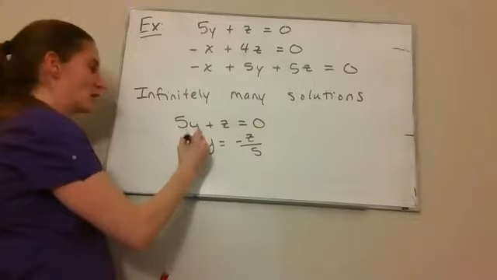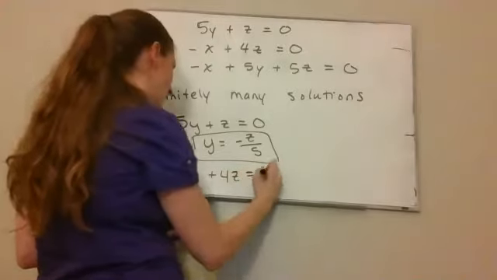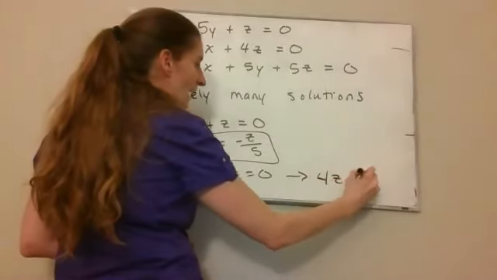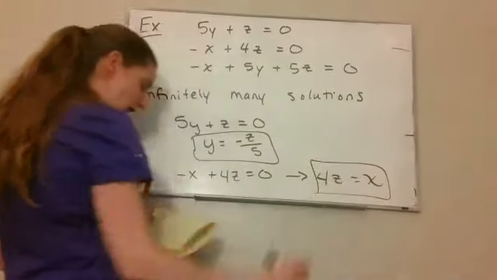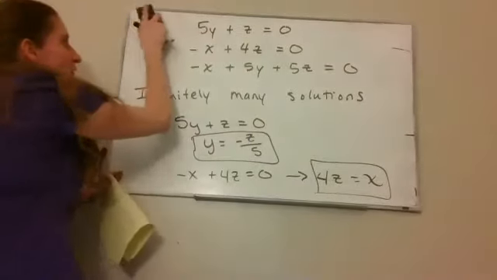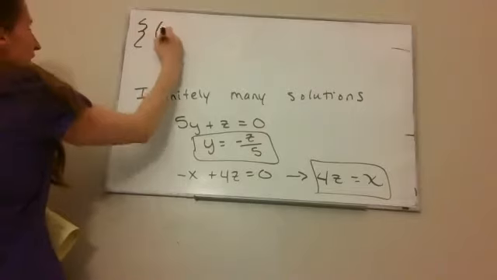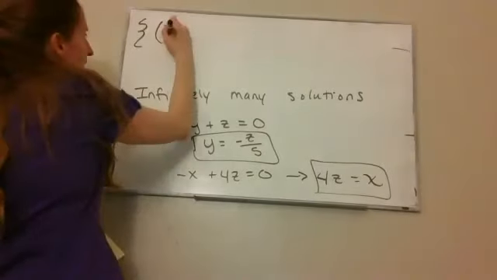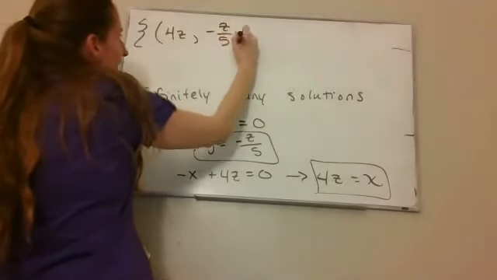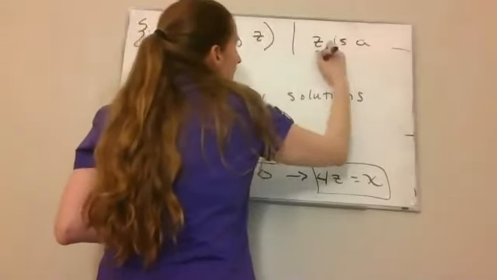And if I take my other equation, negative x plus 4z equals 0, and solve that for x, I have x equals 4z. So now that I have two of my variables written in terms of the third variable, I can write my solution set as the set of all points where x is 4z, y is negative z over 5, and z is z, such that z is a real number.